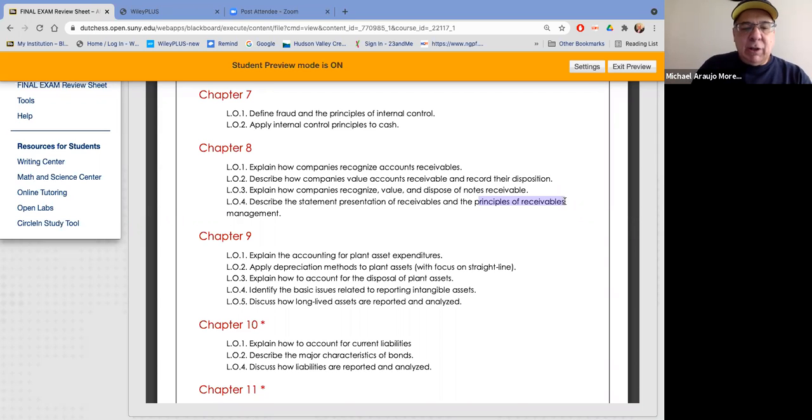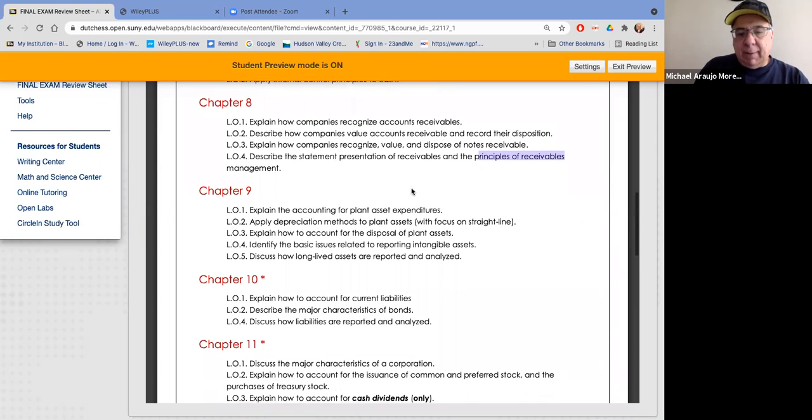Okay. Chapter 9 was all about fixed assets, property, plant, and equipment, as well as intangibles. The first thing we learned to do, which was very important that you need to keep in mind, is how to calculate the cost of a plant asset.